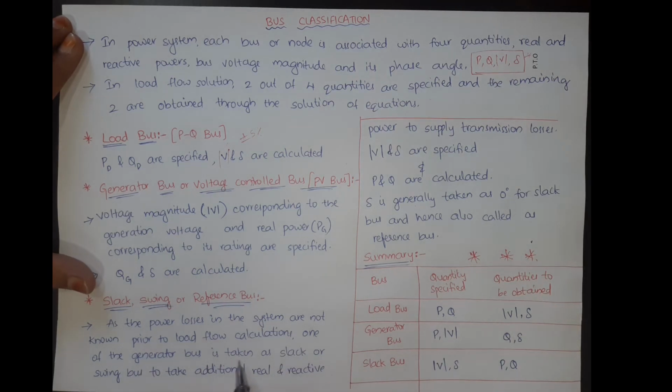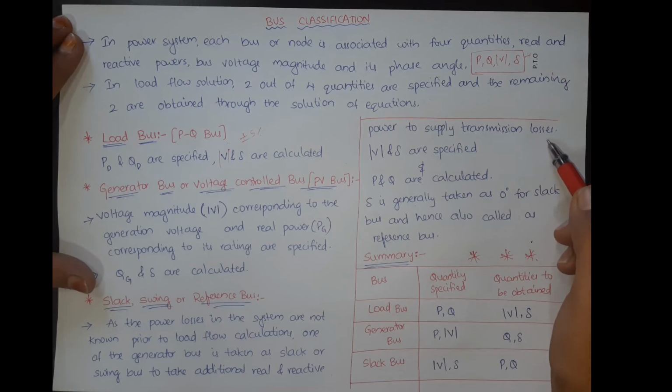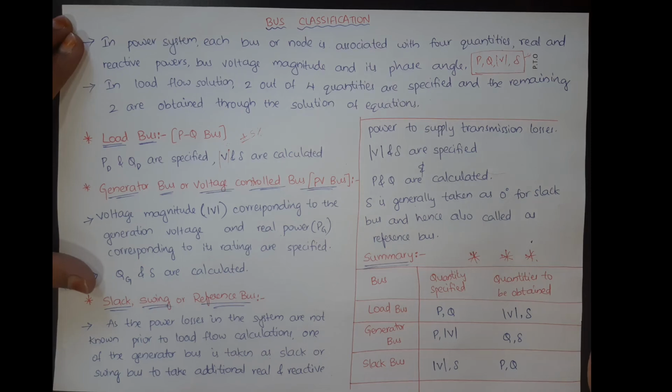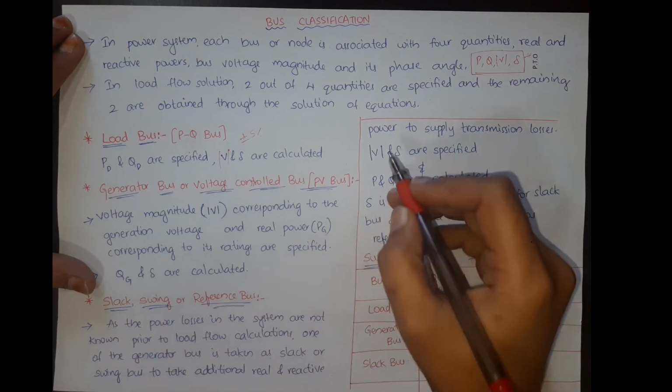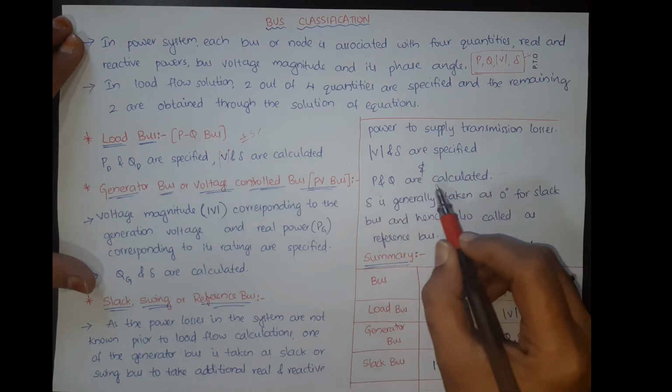One of the generator buses is taken as slack or swing bus to take additional real and reactive power to supply transmission losses. Here one of the generator buses will be assumed to be supplying the real and reactive power loss in the transmission system. It will be assumed like that, and that bus will be taken as a reference or slack or swing bus.